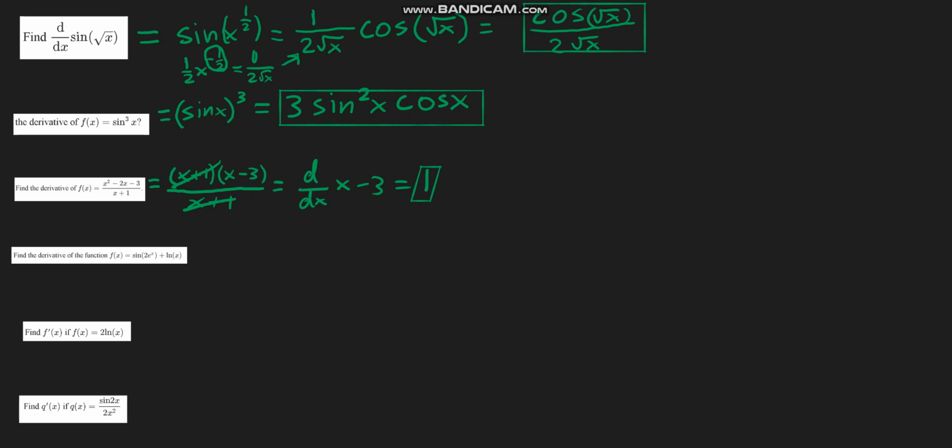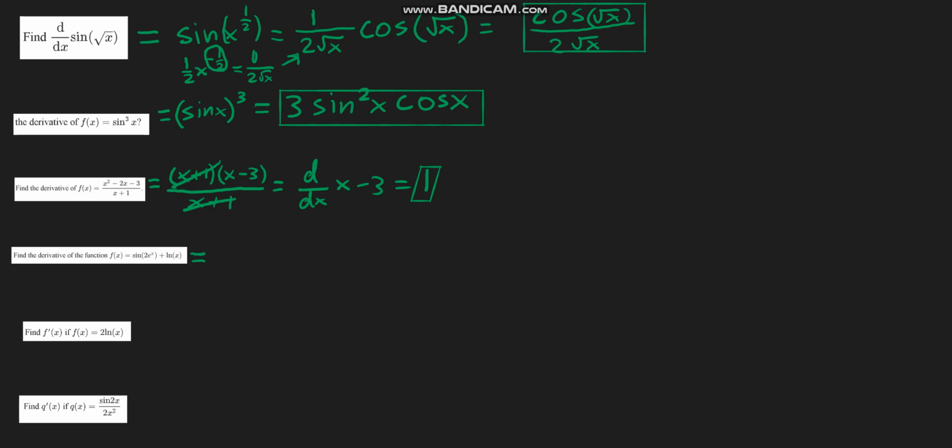Okay, so here, this one is pretty simple. Since it's adding them together, you don't have to use a product rule or a quotient rule or anything like that. You just simply find the derivatives of each one.